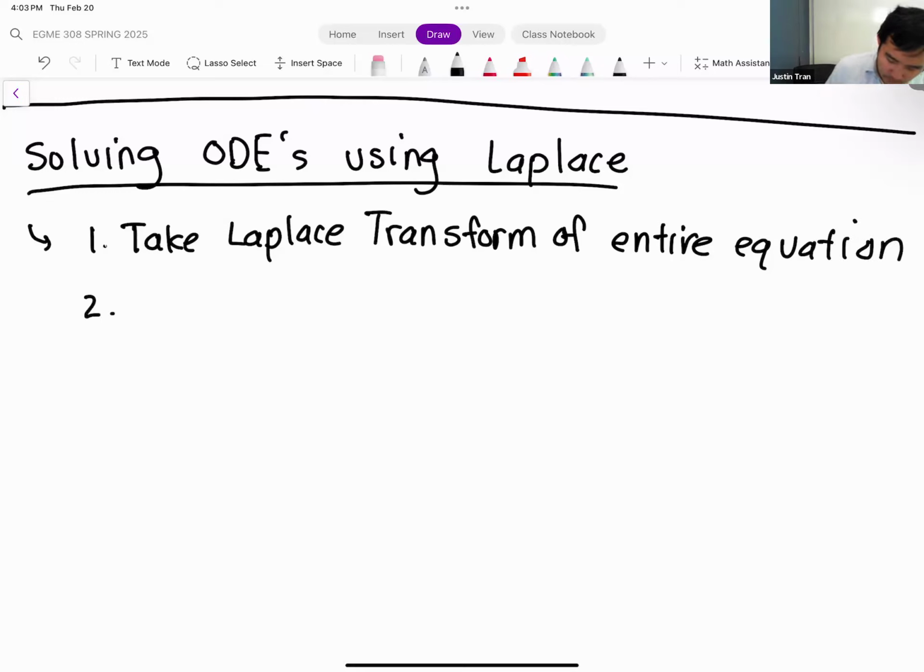That includes all the derivatives, all the forcing terms, and make sure you carry all the coefficients there as well. Step 2, once you take the Laplace transform of the entire equation, is to use algebra and solve for the solution in the Laplace domain.